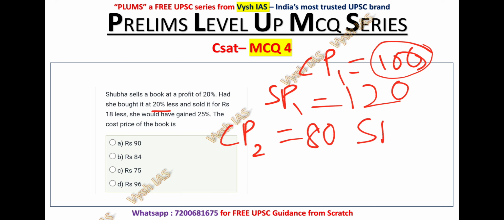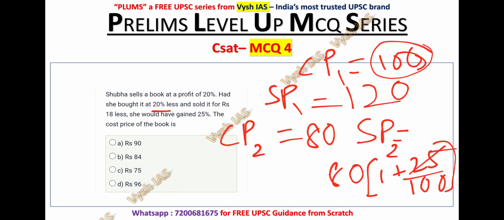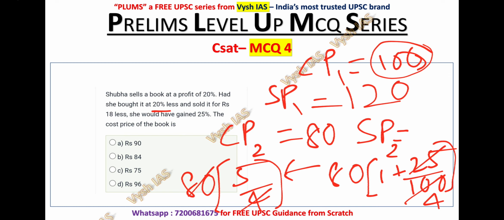So the new SP will be 1 plus 25 by 100, multiplied by 80, that is 80 into 5 by 4. So 4 2s are 8, 5 2s are 10. So the new SP2 is nothing but 100.